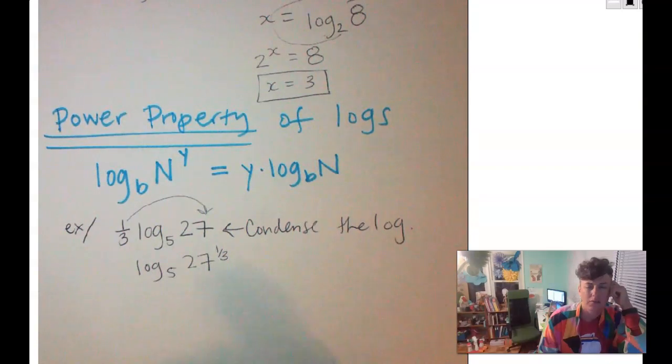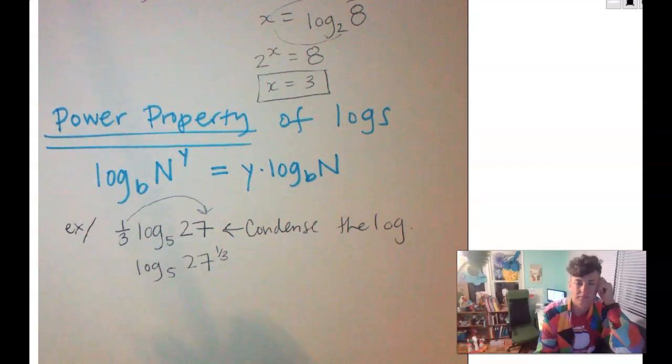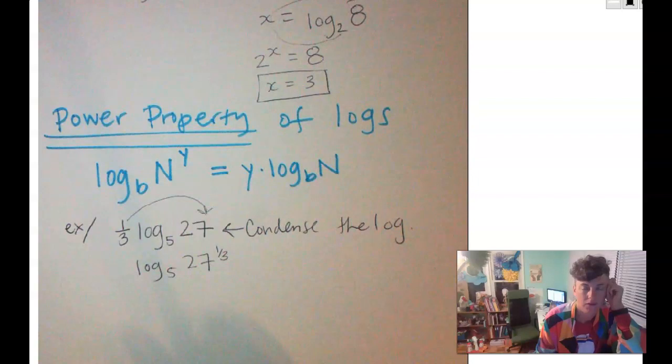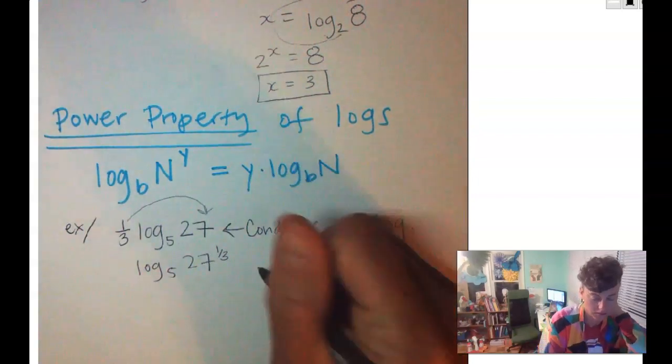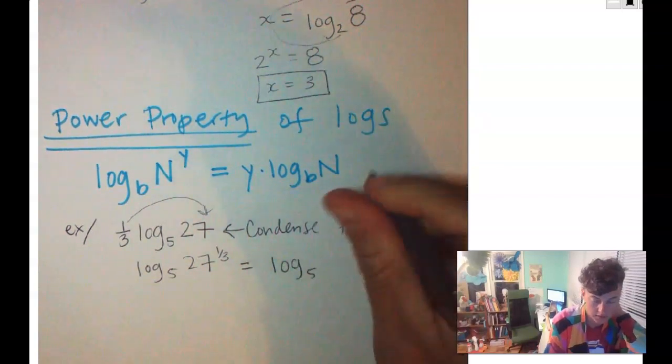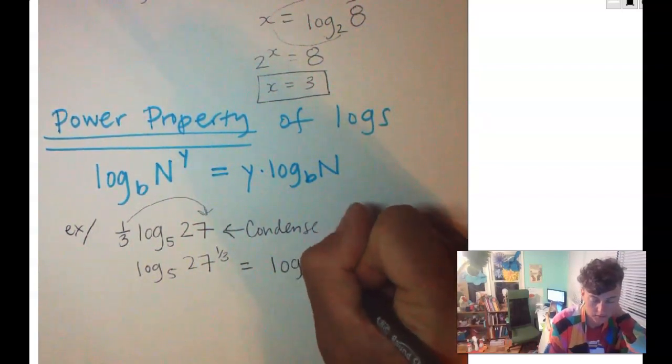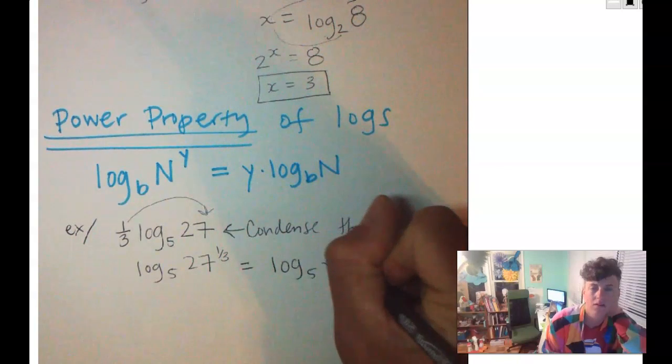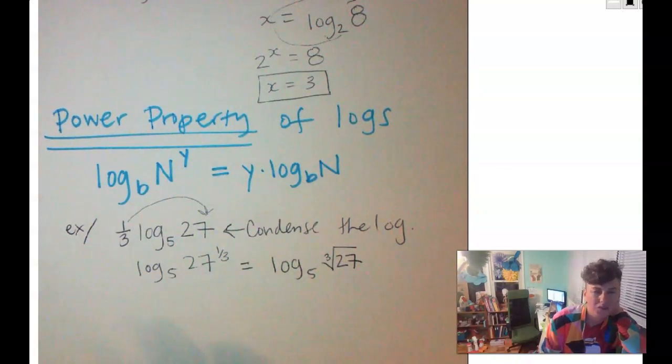We can keep going. What does the 1/3 power mean? Well, that's the same as the cube root. So this is log base 5 of the cube root of 27. What does the cube root of 27 mean?